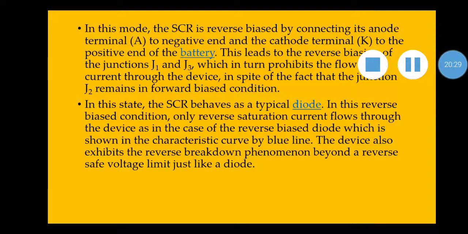In this reverse biased condition, only reverse saturation current flows through the device, as in the case of a reverse biased diode, shown in the characteristics curve by the blue line. The device also exhibits reverse breakdown beyond a reverse voltage limit, just like a diode.